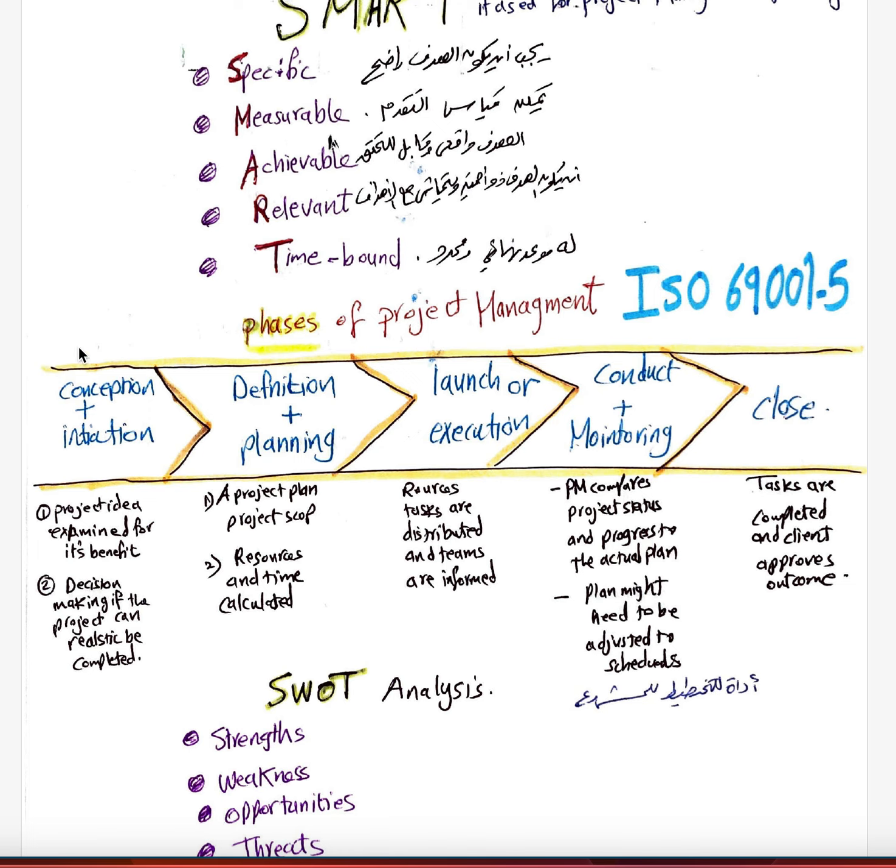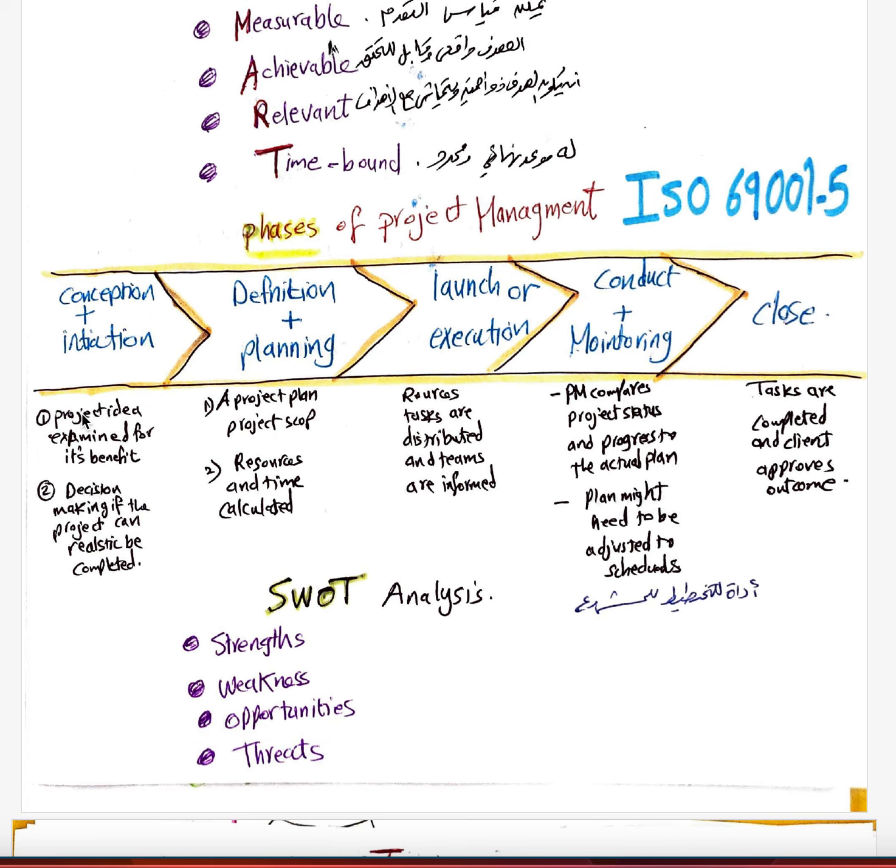So we will start with the conception and initiation. As you see, we want to know what it is exactly. The project idea is examined for its benefit. If we accept the concept or the idea of the project, because we find it useful or good, then comes decision making on whether the project is realistic and complete. How do we know that?